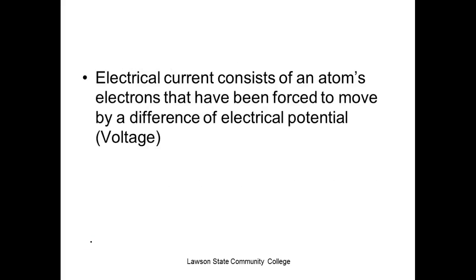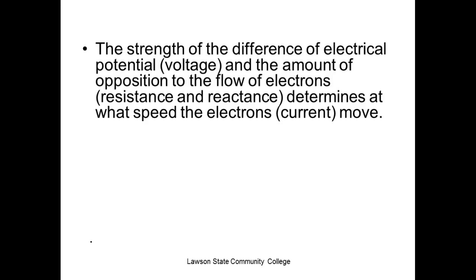Electrical current consists of atoms and electrons that have been forced to move by a difference of electrical potential. Everybody okay with that? The strength of the difference of electrical potential and the amount of opposition to the flow of the electrons determines at what speed the electrons move. So if I've got 0 opposition, then theoretically the electrons will move at infinite speed.